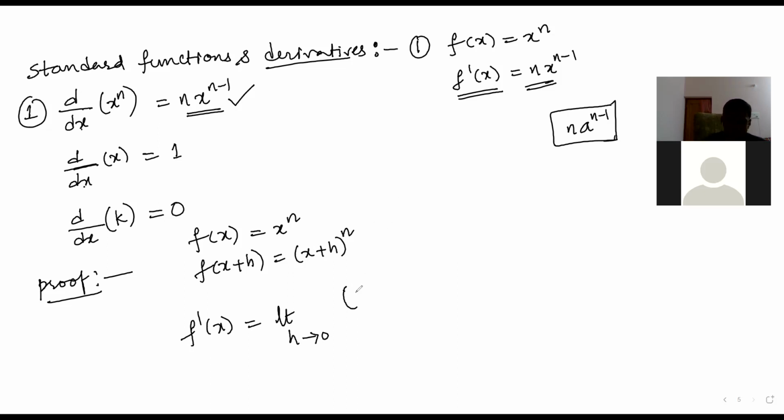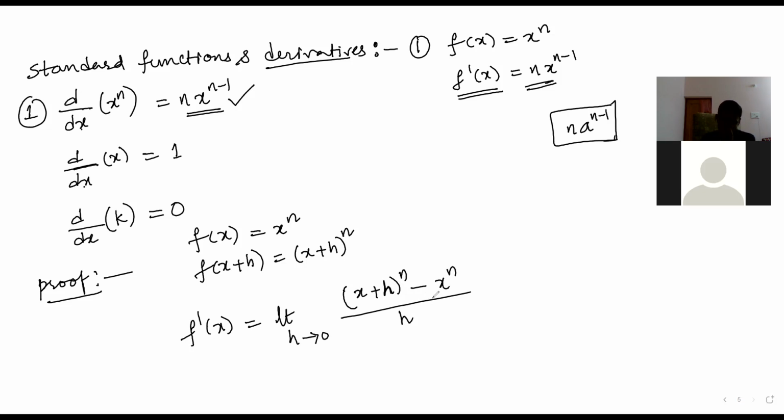F of x plus h is (x plus h) to the power of n, minus x to the power of n, by h.